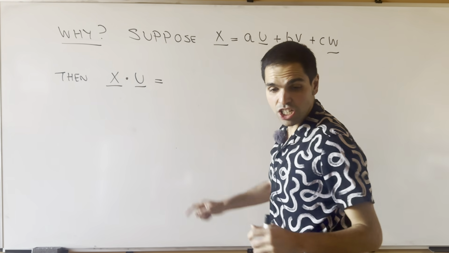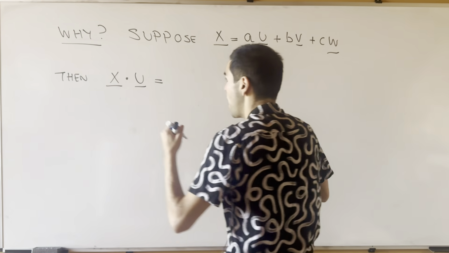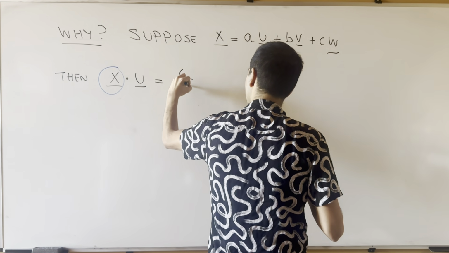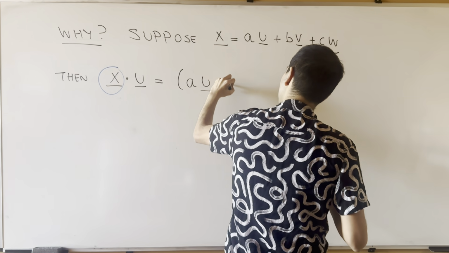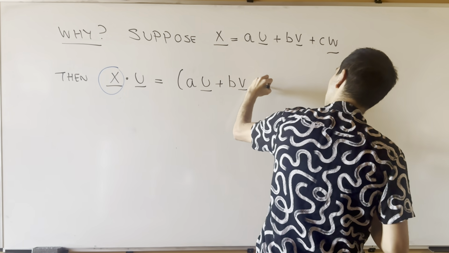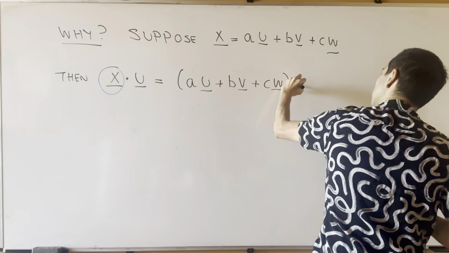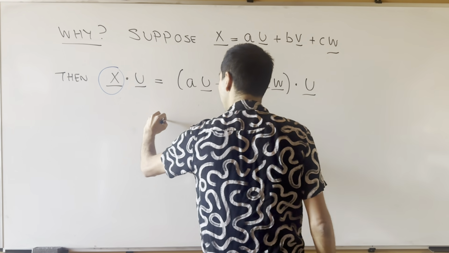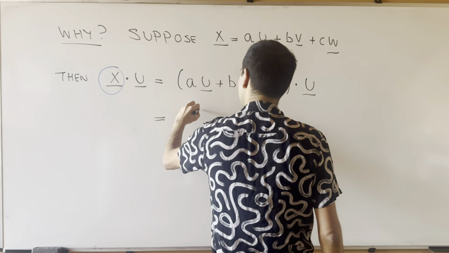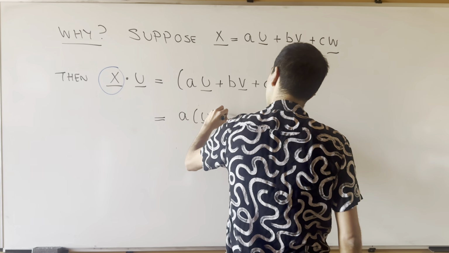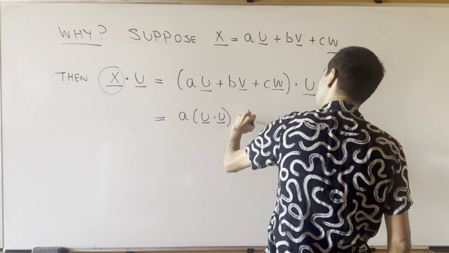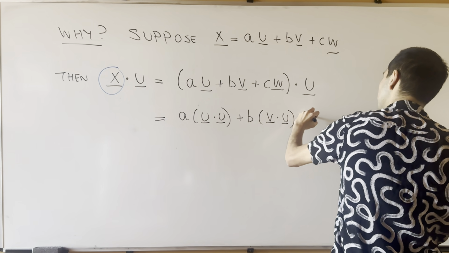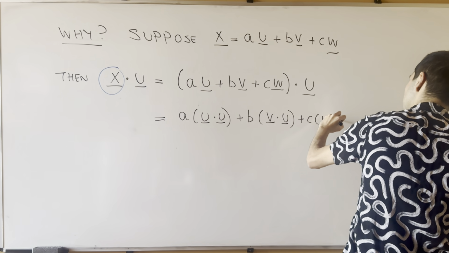Well, by definition, x is au plus bv plus cw. So that is au plus bv plus cw dotted with u. Now, let's expand this out. So this is a times u dotted with u plus b v dotted with u plus c w dotted with u.